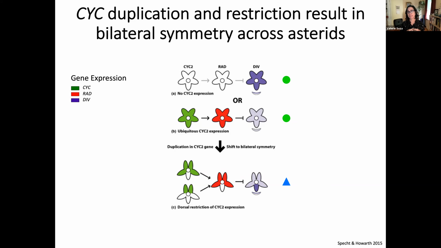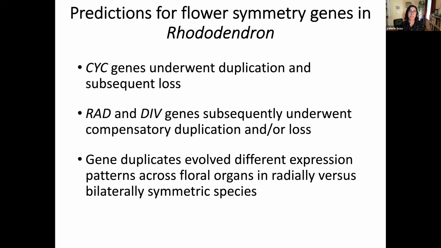And so we wanted to know whether or not these three genes were also involved in the changes of flower symmetry we see in rhododendrons, and whether or not we see duplications in these genes associated with changes in symmetry in rhododendron. So we predicted, because we see variation in symmetry in rhododendron, that we would see duplications in the cycloidea genes and also losses in these genes associated with transitions to radially symmetric flowers.